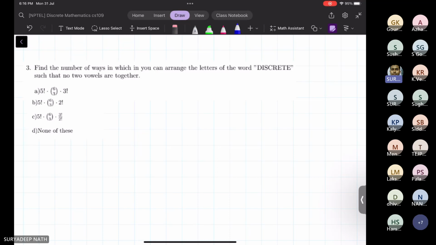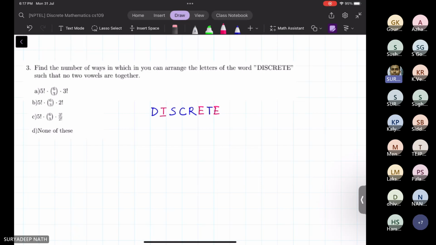So DISCRETE is D, which is a consonant, I, which is a vowel, S, again a consonant, C is a consonant, R is a consonant, E is a vowel, T is a consonant, and again E is another vowel.